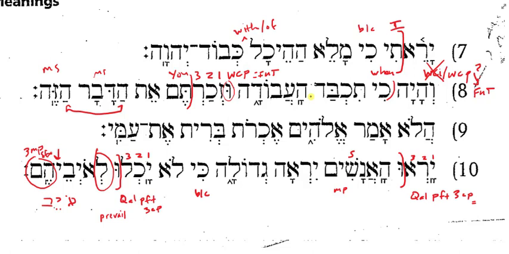What does the I stand for in WCI? I forgot. So WCI is an abbreviation for Vav consecutive imperfect, which is, again, technically a misnomer because these prefix forms that are attached with the special pointing of the Vav, they're not technically imperfects. They're preterites.